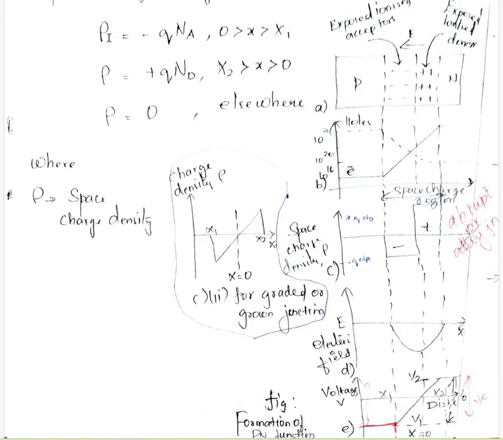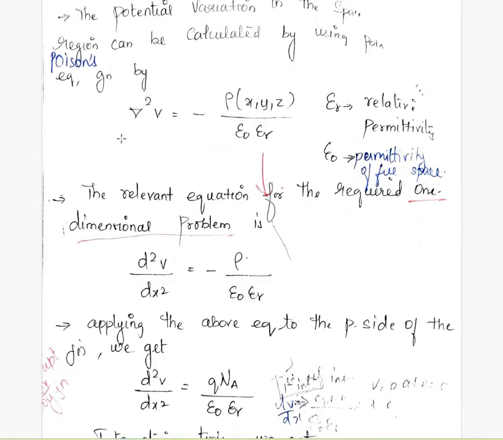Okay. So the charge density rho, as seen here, is equal to minus QNA from 0 to x1. In this region, the charge density is minus QNA. And from 0 to x2, this region, rho equals plus QND, and in all other places the charge density rho equals 0.